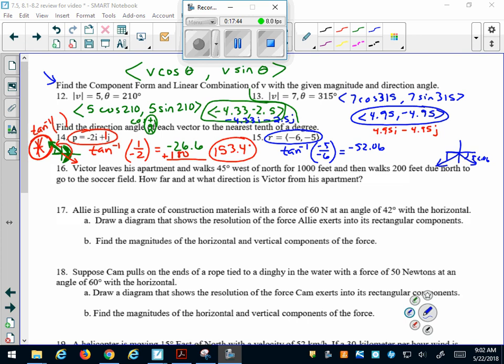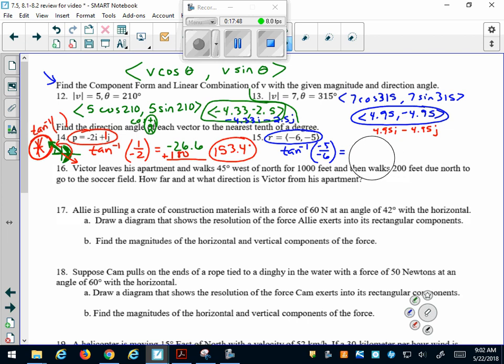Sorry, my eyes jumped down to the wrong number. This 52.06 is in the next problem. I'm looking at my answer key and I looked down at the wrong one. This one, when we put it into our calculator, gives us 39.81.